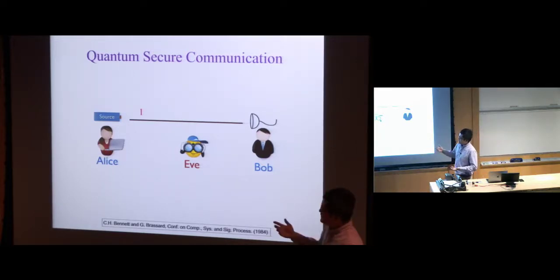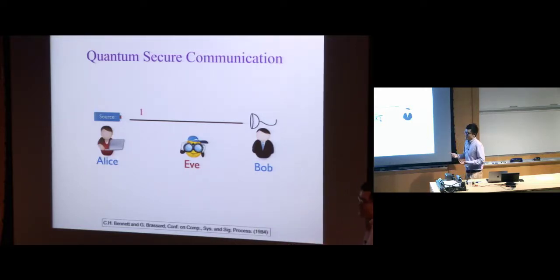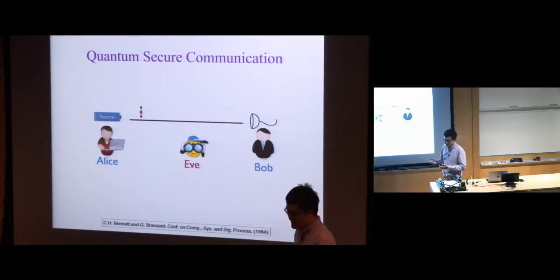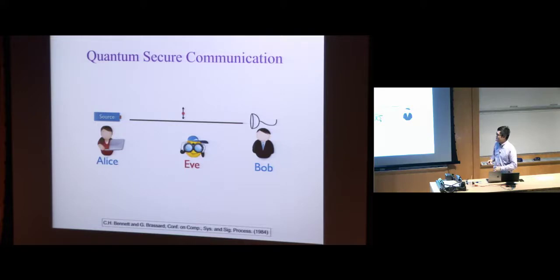Imagine Alice wants to send a bit of information securely to Bob through a channel that is completely monitored and manipulated by an eavesdropper, Eve. So what Alice will do is encode that classical information into a polarization state of the photon and send that photon through this channel.